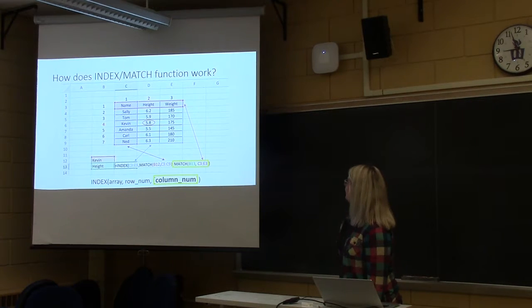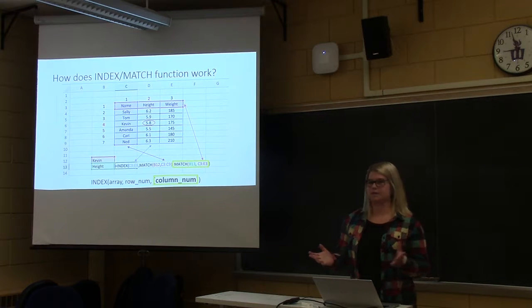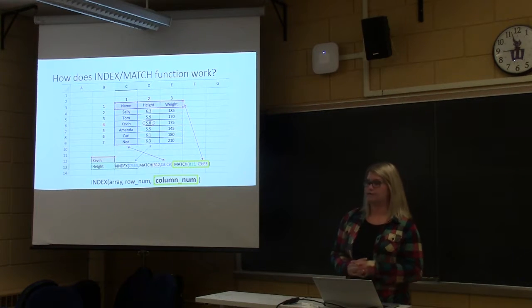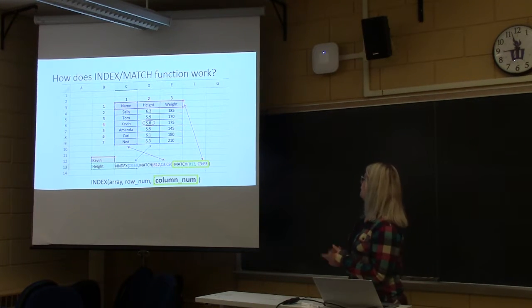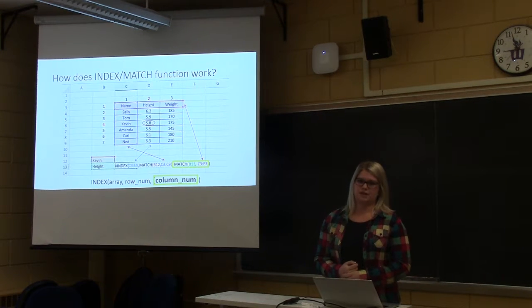Then the index is going to go into its big blue array that we already looked at, find 4 and 2, and find 5.8 as its value and return 5.8, just like VLOOKUP did.